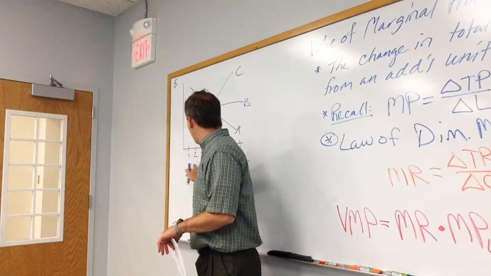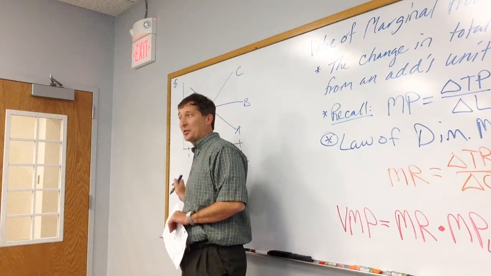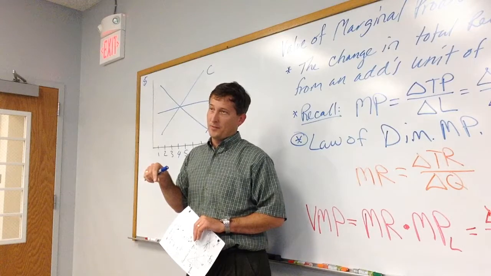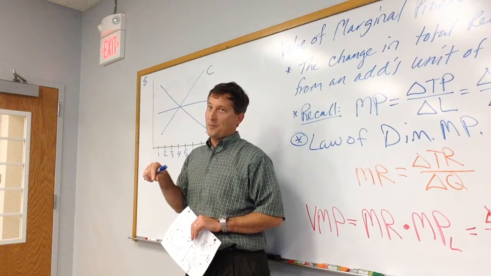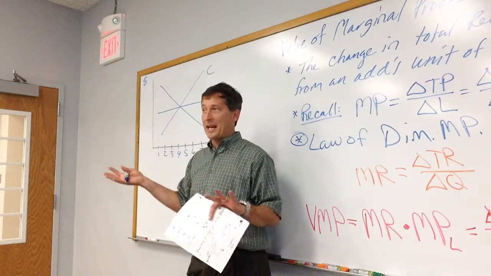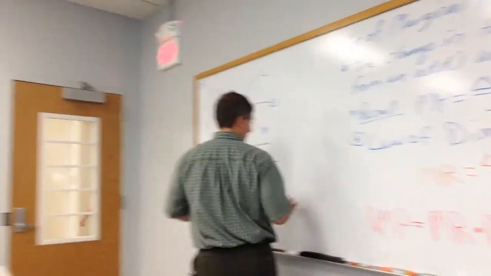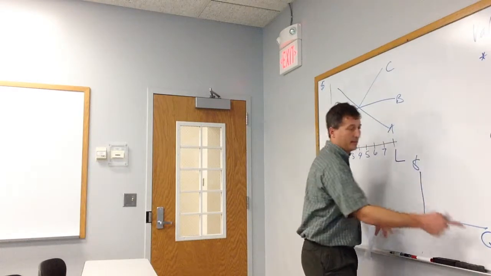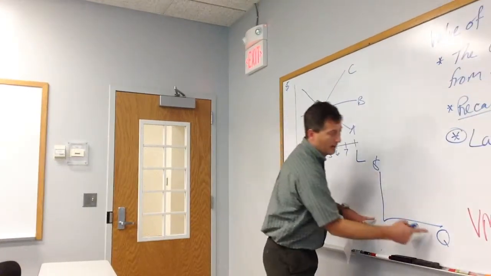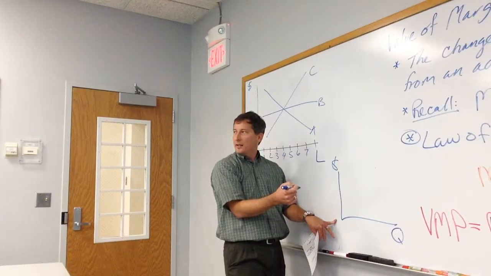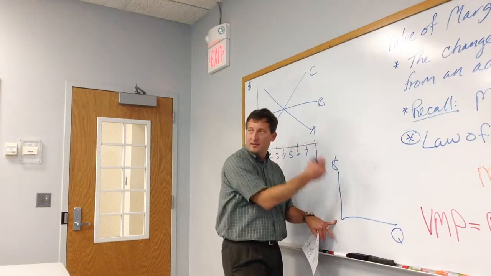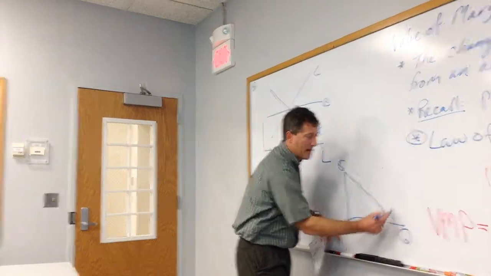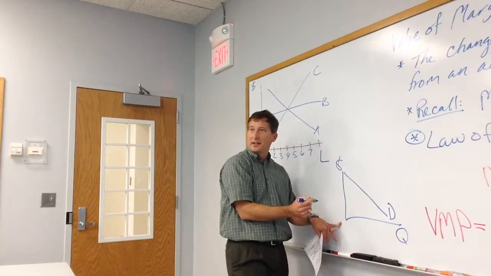As I have people making more hamburgers, what's happening to marginal revenue? As I have more hamburgers being made, so now I'm in Q space instead of L space. What did that marginal revenue curve look like? Demand curve, monopoly, what did the marginal revenue curve look like?